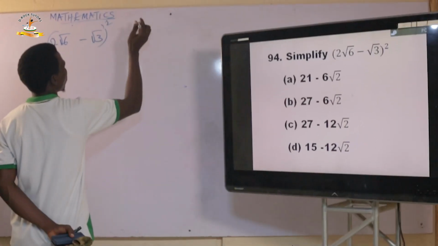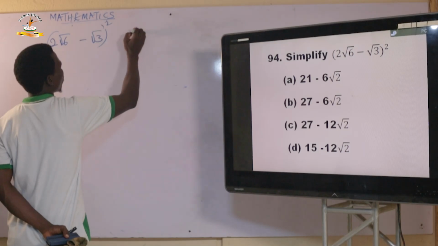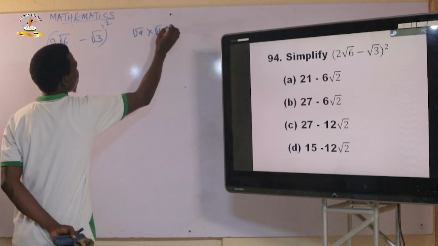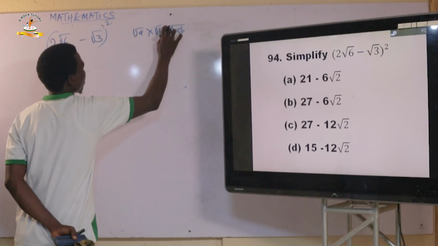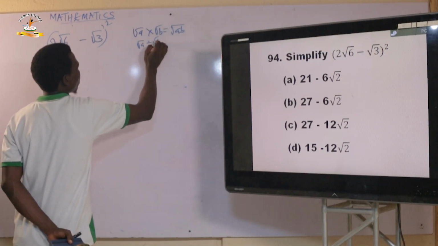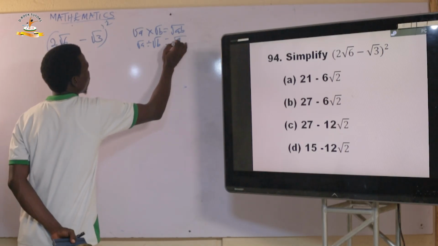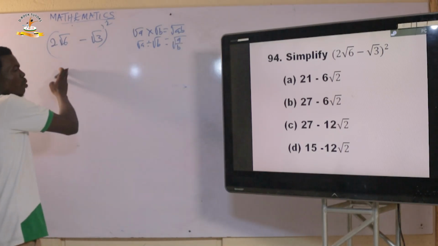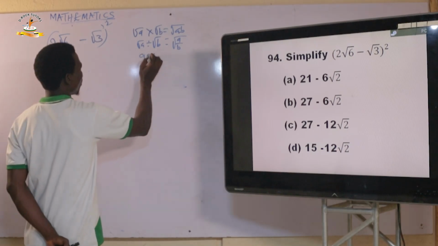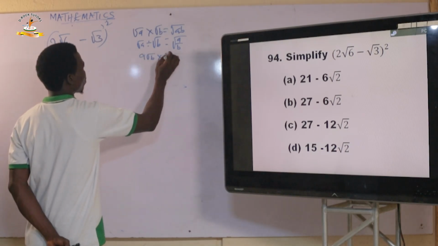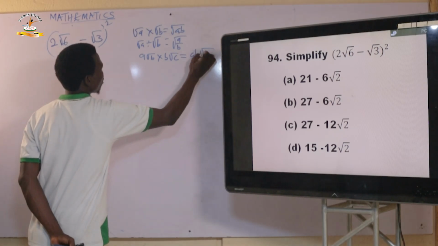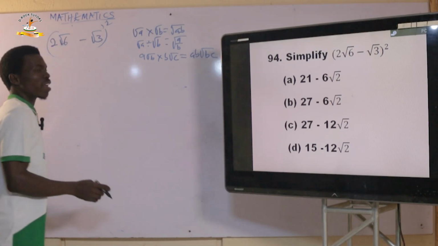Simply put, root A times root B is simply root AB. Root A divided by root B is simply root of A divided by B. And one of the most important things here for us is that A root B multiplied by B root C will give us AB root BC. As simple as this.